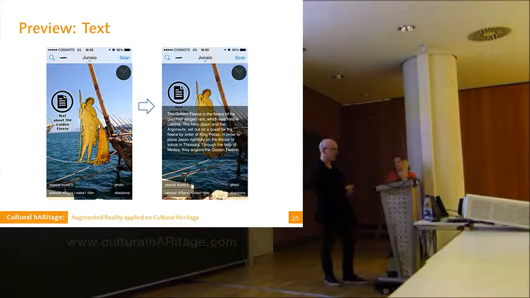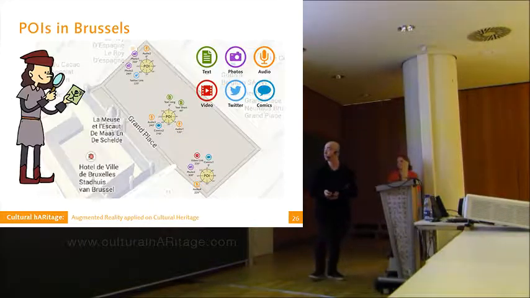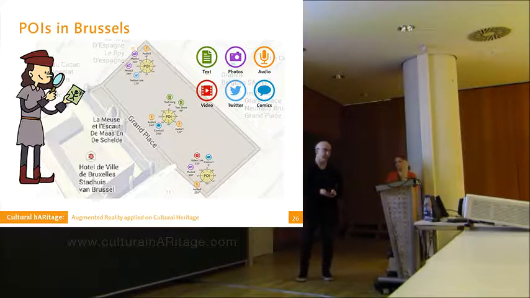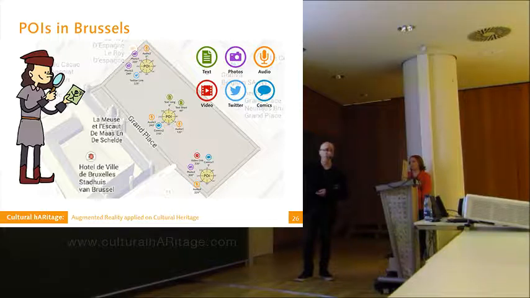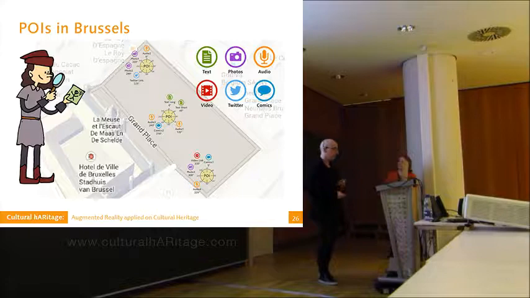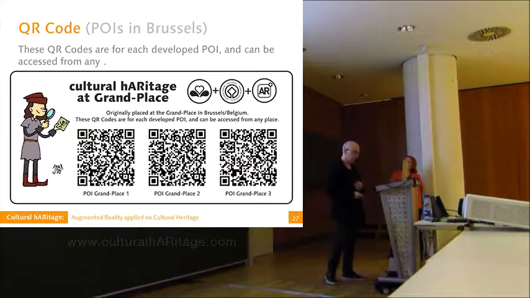It's a bit challenging. For instance, here in Brussels, because when you work with GPS, sometimes the satellite changes the location. So you need at least 20 meters between the points to not have this ping pong effect, because maybe you're here in the middle and then it goes here and then here. So you need at least a distance to place it. And here are the points from Brussels.